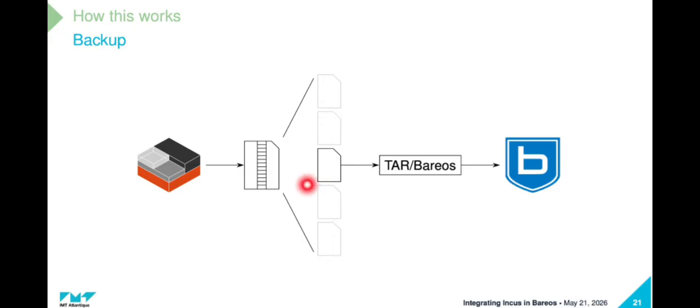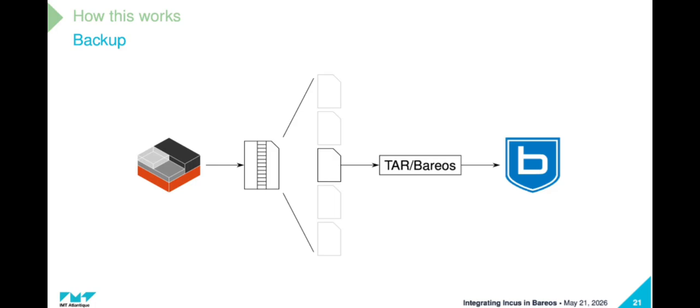file by file. We transform every file into a file that Bareos is able to understand because the way Bareos stores its data is quite different from the way a regular tar file stores its data. So that works quite nicely because a tar file is quite a simple data format.